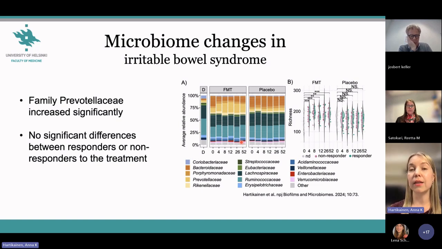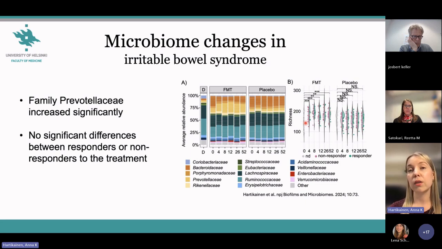However, we didn't see significant differences in the symptoms between the placebo and FMT group, but we saw a transient symptom relief in the FMT group. But we also saw a very drastic change in the FMT-treated patients' microbiota. And here, for example, the family Prevotellaceae increased significantly in these FMT-treated patients, and also the bacterial richness increased in these patients.